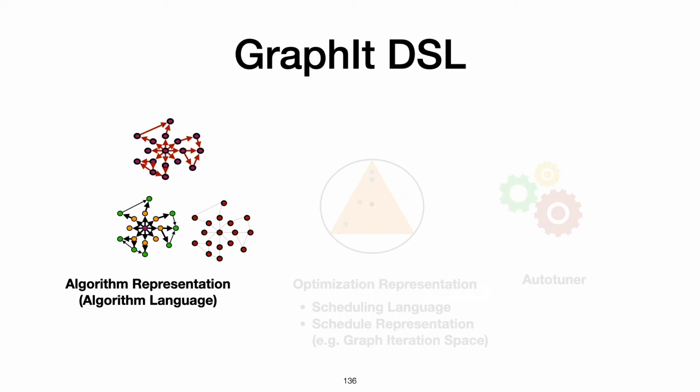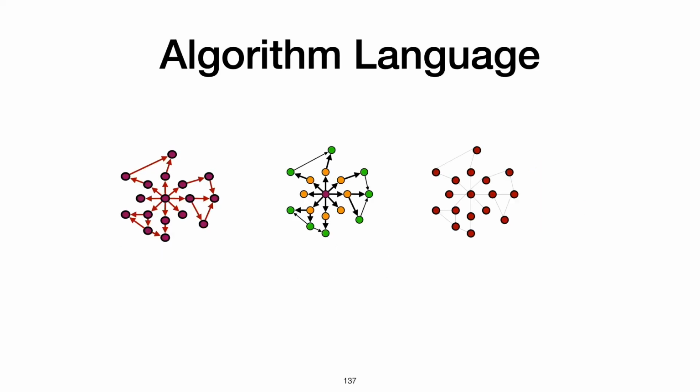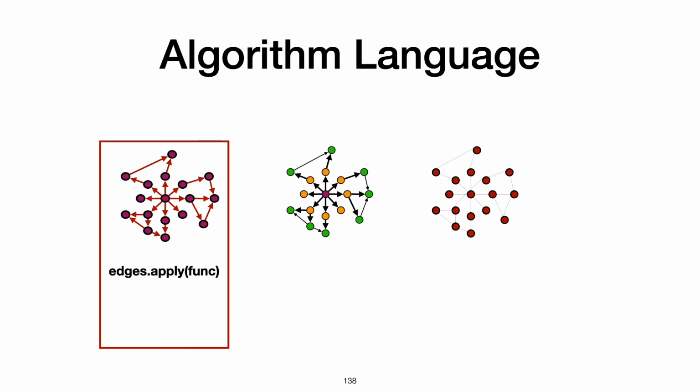First look at the algorithm representation in GraphIt, the algorithm language. We have different components for the algorithm language. For example, if you are doing an algorithm that you are going to apply to all the edges, basically a topology driven algorithm, you can use the edge apply function and give it a function that gets applied to all the edges.